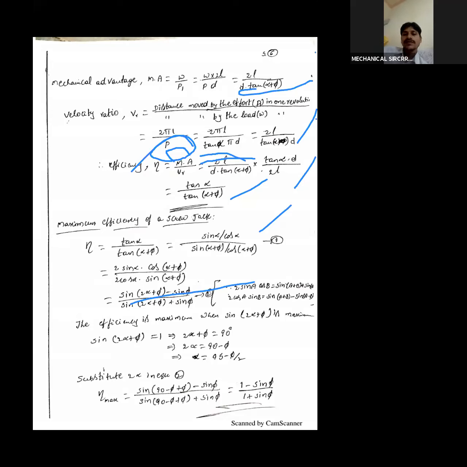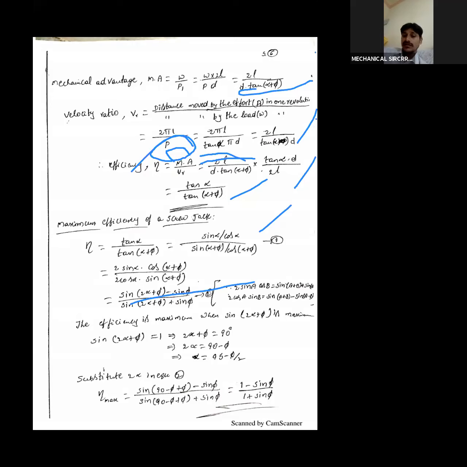Now the efficiency is maximum when 2 alpha plus pi is maximum. For the maximum value, take the sine of 2 alpha plus pi equal to 1.